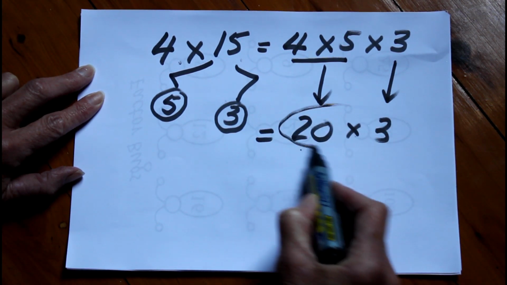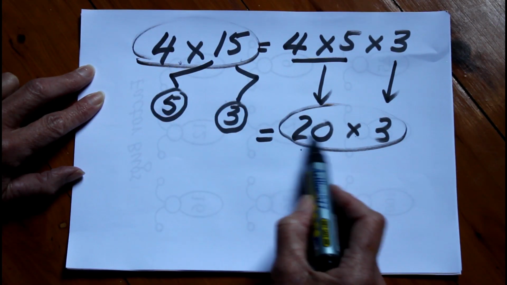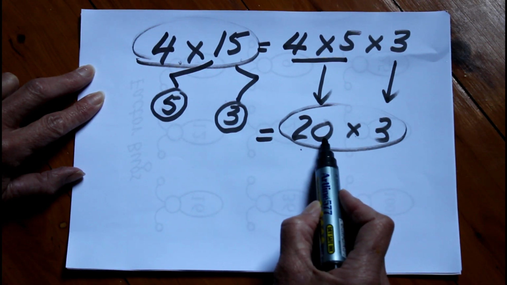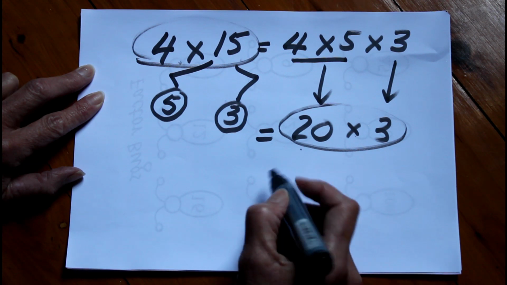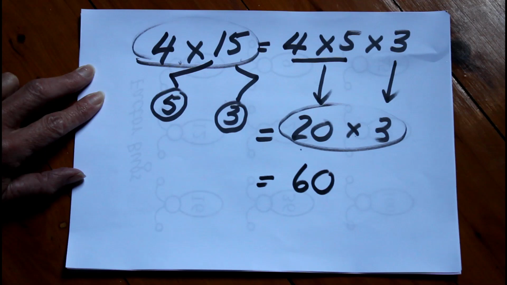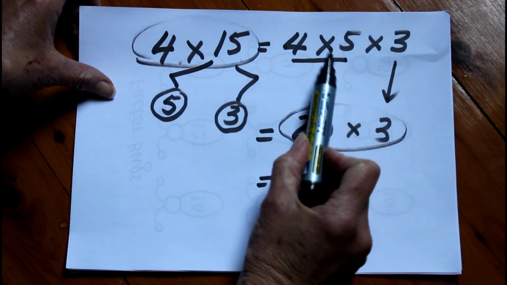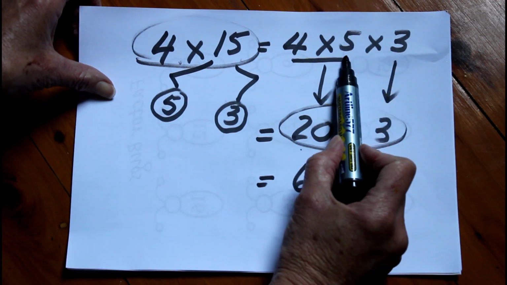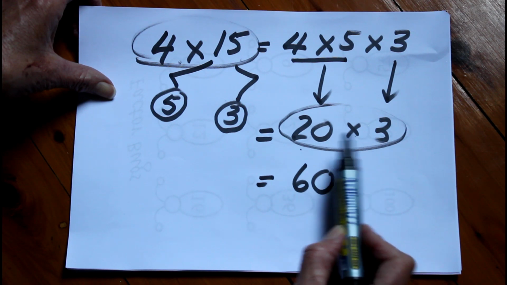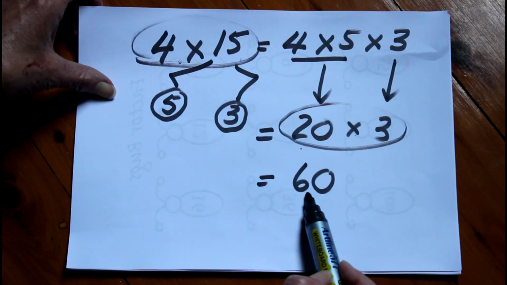And this number sentence is the same as this one, but it's written differently. I've just rearranged the numbers. And working with 20 is much easier than working with a 15. So what are 3 20s? Well, I know 3 20s are 60. So suddenly, by factorising my 15 and making it into 2 different numbers that are much easier to work with, I can turn my number sentence into something that is easier than what it originally was. So 20 times 3 is 60.